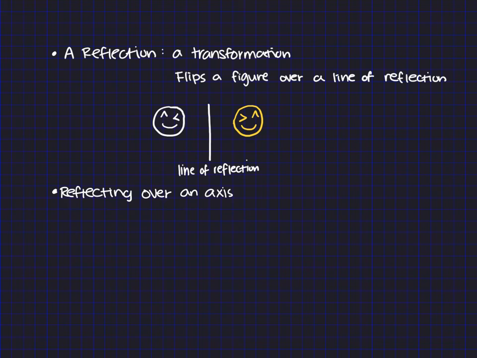Now, what if you have to reflect a figure over an axis, which is either the x-axis or the y-axis? Let's say I have a figure like this on the left, and I'm going to call this figure A. And let's say I am going to reflect this over the y-axis. What should I do if I am going to reflect it over the y-axis?